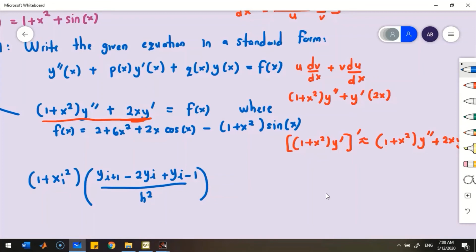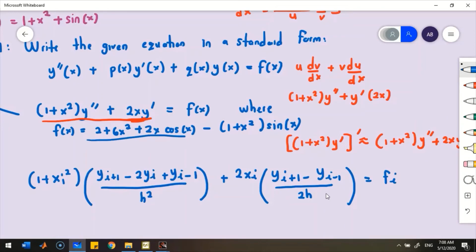And then plus 2x_i. Now recall the y prime finite difference: (y_{i+1} minus y_{i-1}) divided by 2h, equals f_i. I'm not going to write this whole f function, just write f_i.